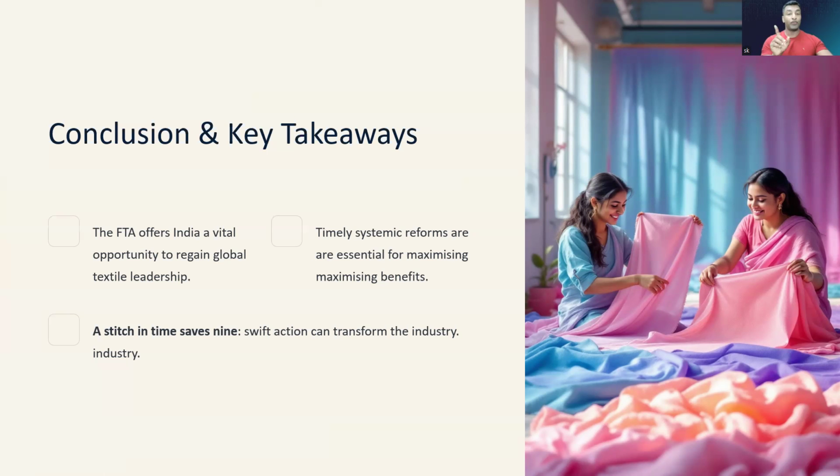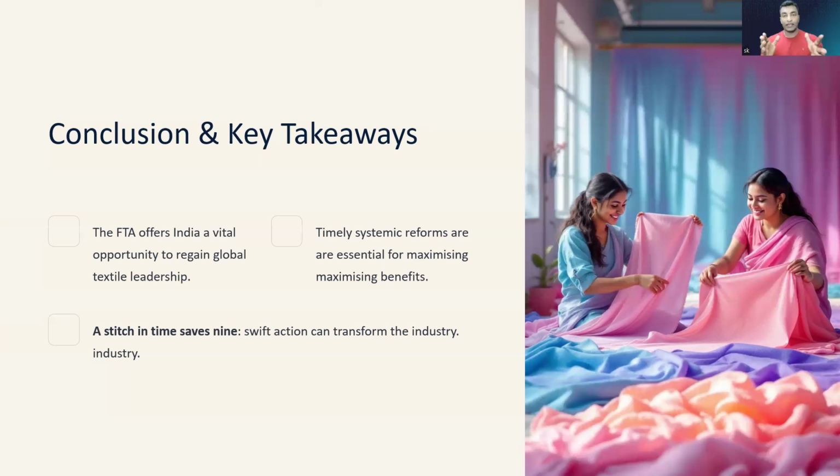But if you want to fully capitalize on this agreement, we have to address the structural issues, the bottlenecks. You need to modernize the infrastructure and adopt sustainable practices. So a stitch in time, right, through timely reforms and effective policy implementation, that can save nine. It will set India's textile industry on a path to become a global leader in that area also.